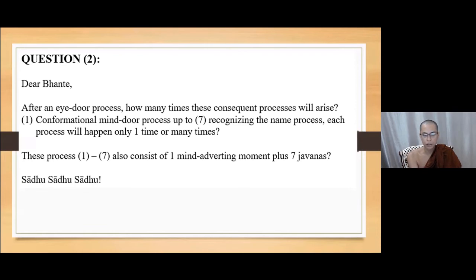But especially here, the object is a five-door present object, a five-sense object, because it follows the five-door process. So the registration also must be there. In this way, each of the 7 consequent processes can consist of the mind door adverting, then 7 javanas and 2 times of registration. Then after that bhavanga arises.